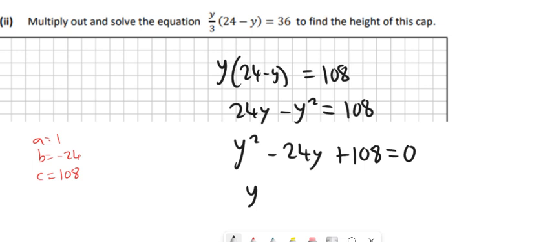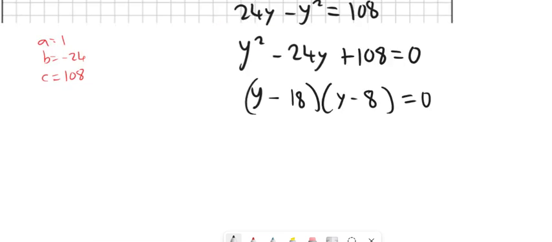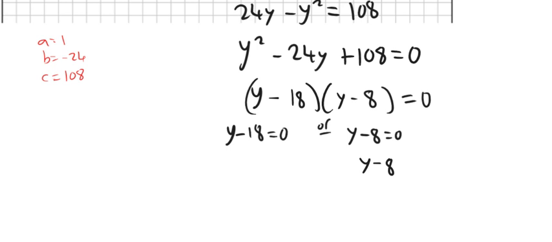It does factorize nicely, but it has to be minus, so it's going to be y minus 18 and y minus 8 as well. So y minus 18 is equal to 0, or y minus 8 is equal to 0, so y is equal to 8, or y is equal to 18.